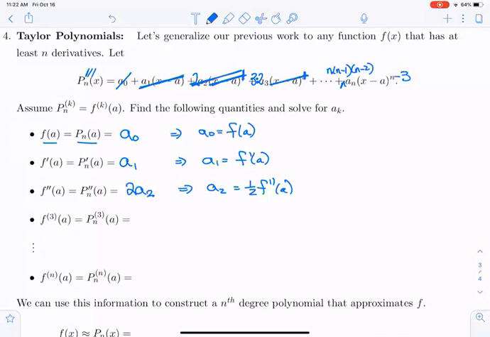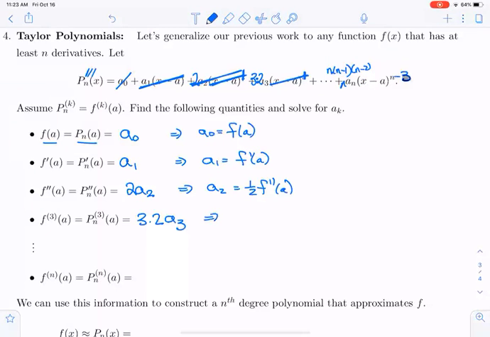Now, if I start plugging in a, my first term looks like 3 times 2 a3, but every other term after it has an a minus a in it when I plug in a for x. And so I'm going to get 0 there, and I'm just left with 3 times 2 a3.